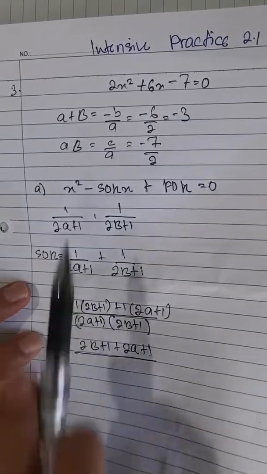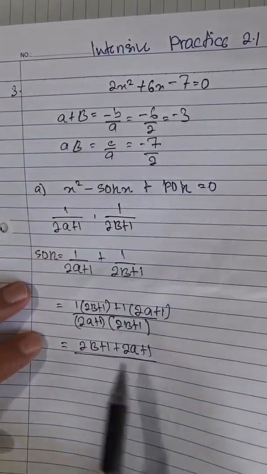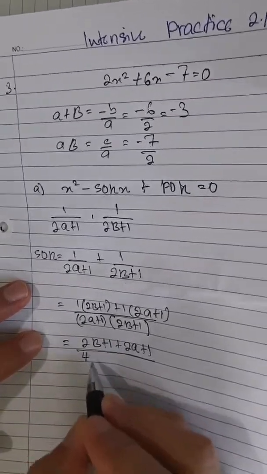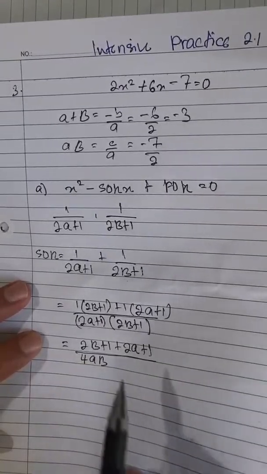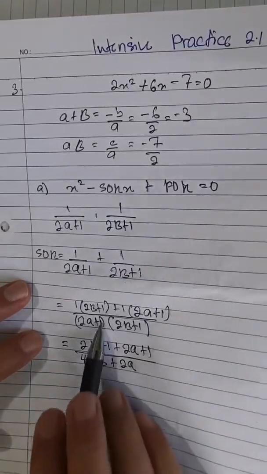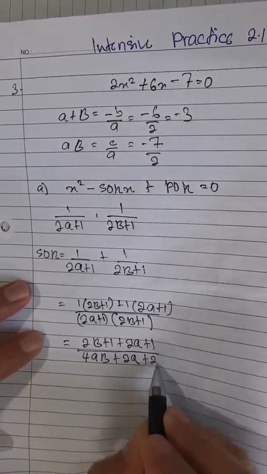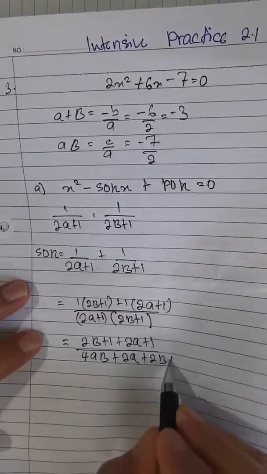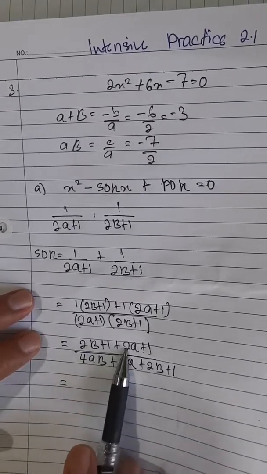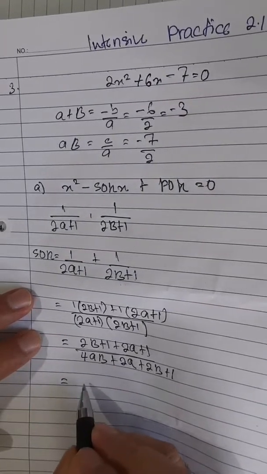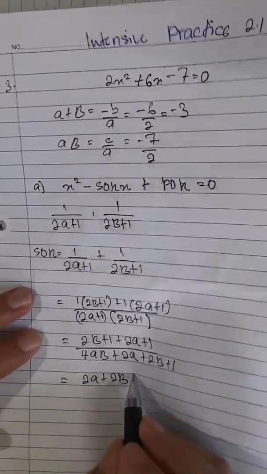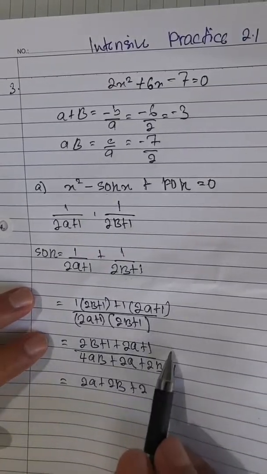So far we do not have this pattern, so we multiply also. 2 alpha times 2 beta will be 4 alpha beta. 2 alpha times 1 is 2 alpha. 1 times 2 beta is 2 beta. 1 times 1 is 1. So on top, 2 beta plus 2 alpha, or 2 alpha plus 2 beta, and 1 plus 1 is 2.